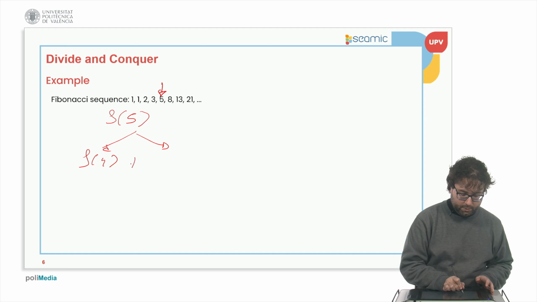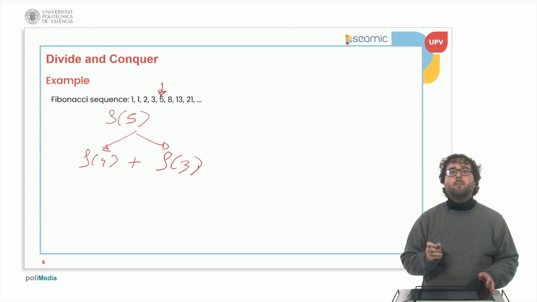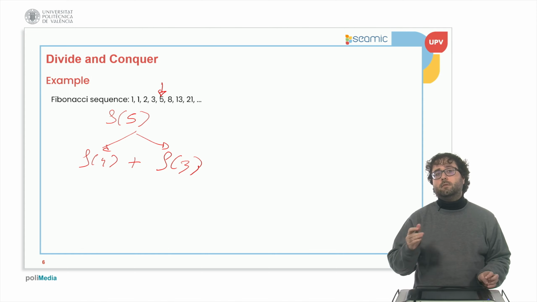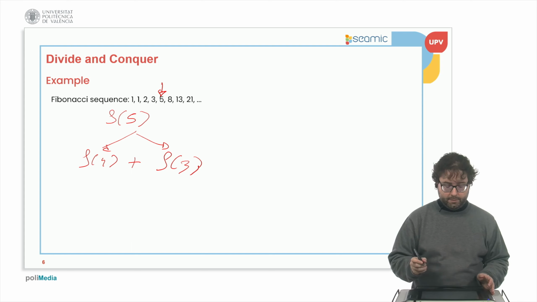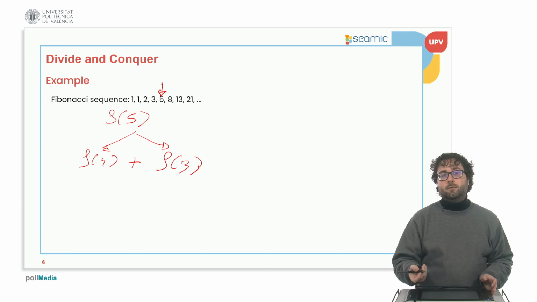Fibonacci 5 is equal to the number on position 4 plus the number of position 3. And this can be repeated again.